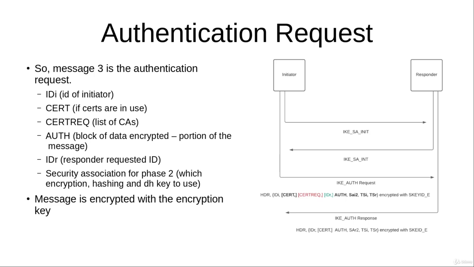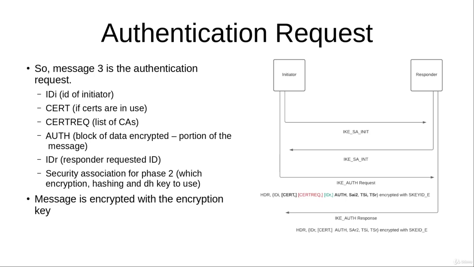It will also tell the responder that it supports certificates issued by the following list of certificate authorities. This is a list of certificate authorities that it trusts. This is listed in the cert request field. The initiator then needs to prove it knows the private key by encrypting a portion of the first message it sent in the communication. That is IKE message 1.